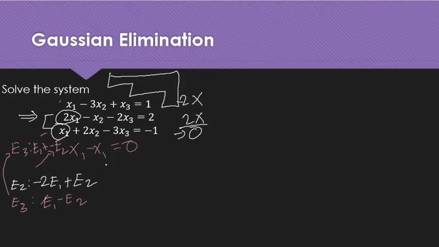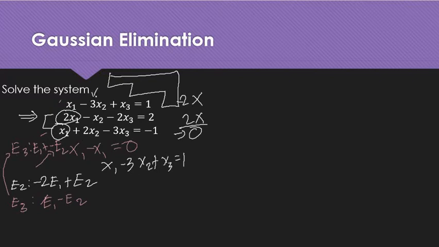So first equation 1 is not touched, 3x2 plus x sub 3 equals 1. Then our equation 2 will have negative 2 times x sub 1 is negative 2x sub 1 plus 2x sub 1, that's 0, no need to write.